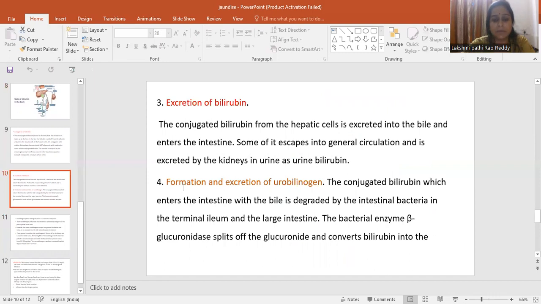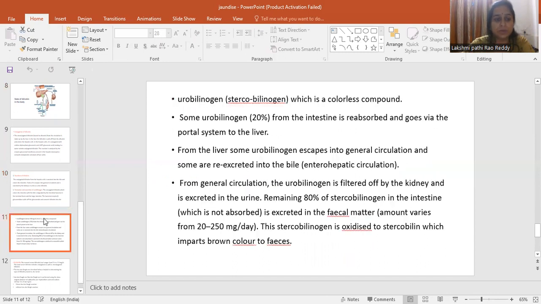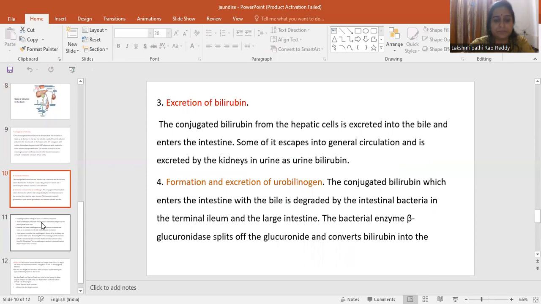Now we'll see the formation and excretion of urobilinogen. The conjugated bilirubin which enters the intestine is degraded by the intestinal bacteria in the terminal ileum and the large intestine. The bacterial enzyme beta glucuronidase splits off the glucuronide and converts bilirubin into urobilinogen.